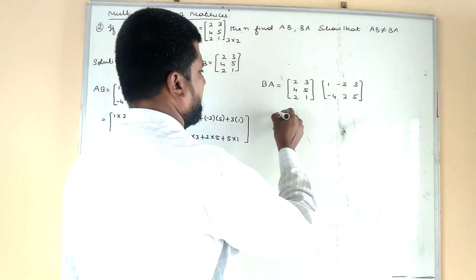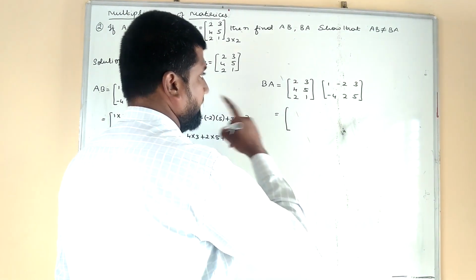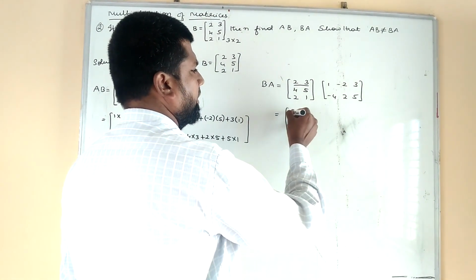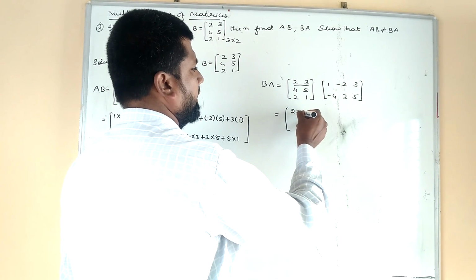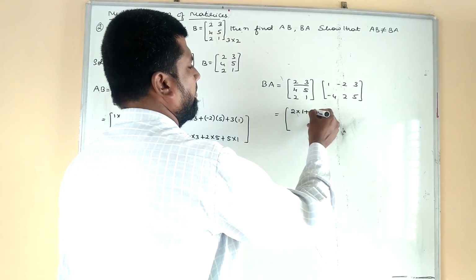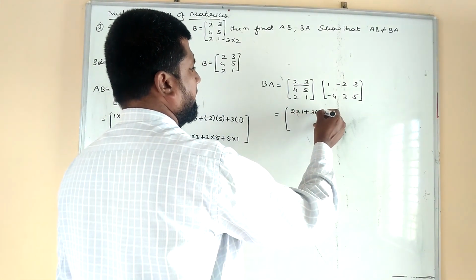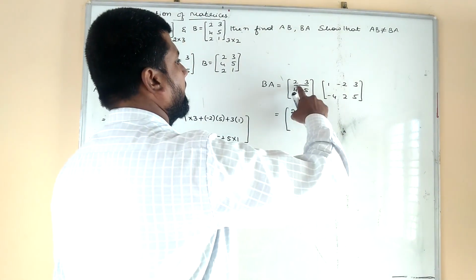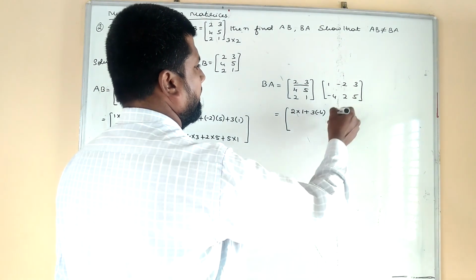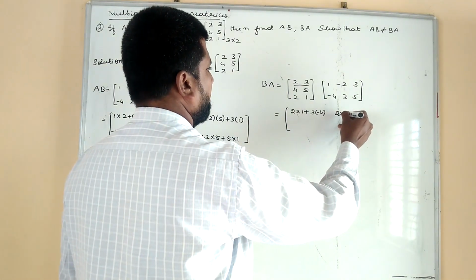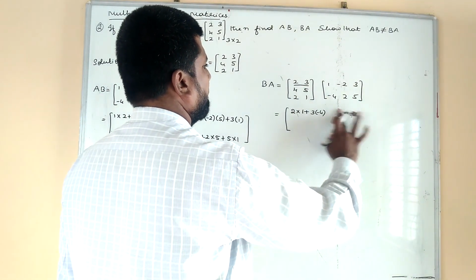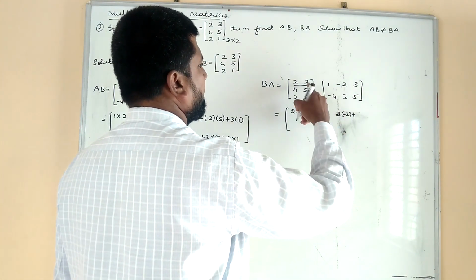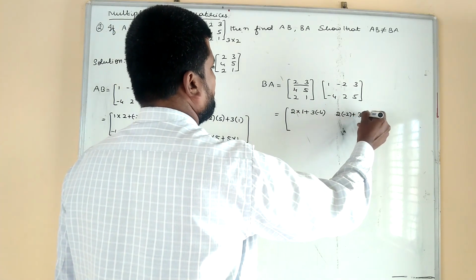If you multiply, you know the procedure how to multiply. So let us take the first row, first column: 2 into 1 plus 3 into minus 4. Then first row, second column: 2 into minus 2 plus 3 into 2.